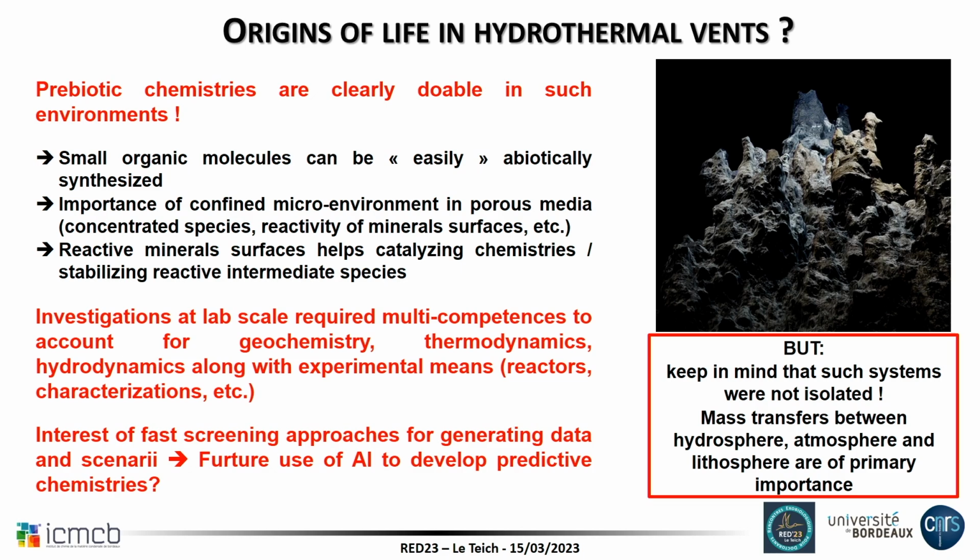The interest here is to speed up the rate at which reactions can be carried out, to generate a database of possible scenarios and of chemical reactivity. Once you have a sufficiently large database, you can use AI approaches to predict chemistries that could occur and help you back in your work to test the hypotheses proposed by AI.